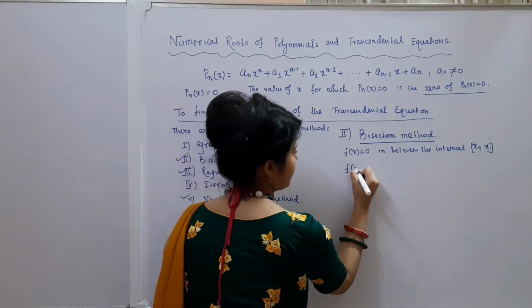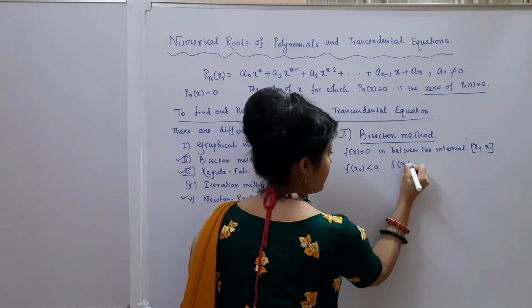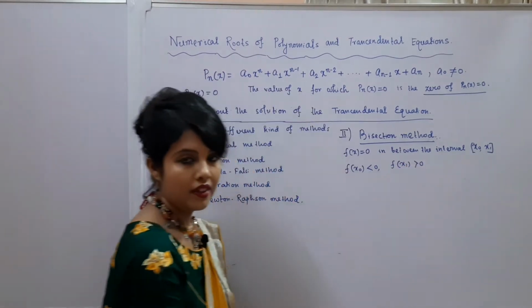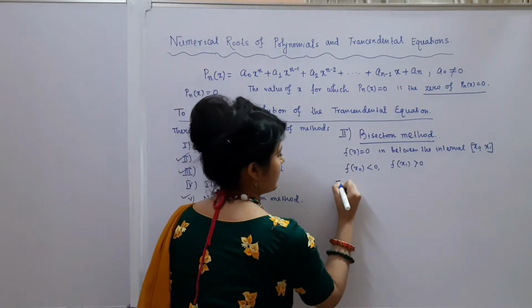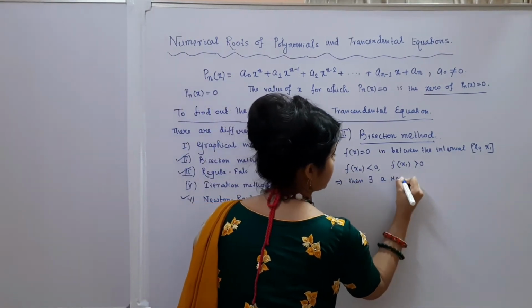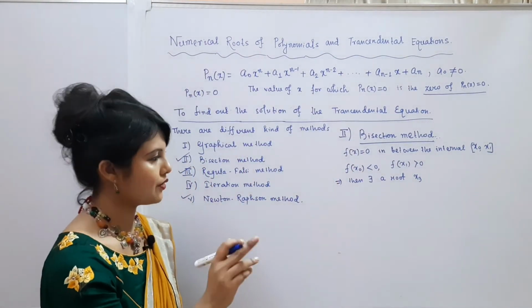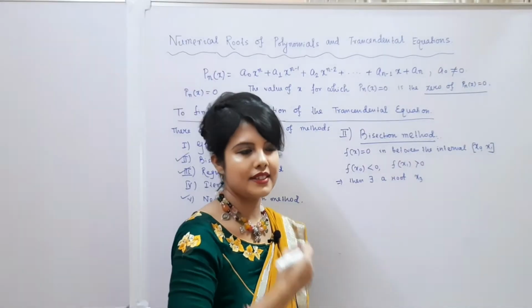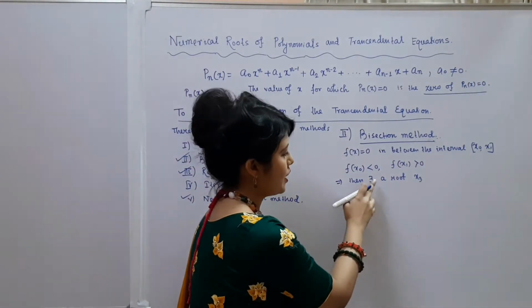So if f(x0) is less than 0, suppose, and f(x1) is greater than 0, that is, they are of opposite sign, then there exists a root x2. I am not writing 'there exists' again and again, so it is much easier to use this sign.